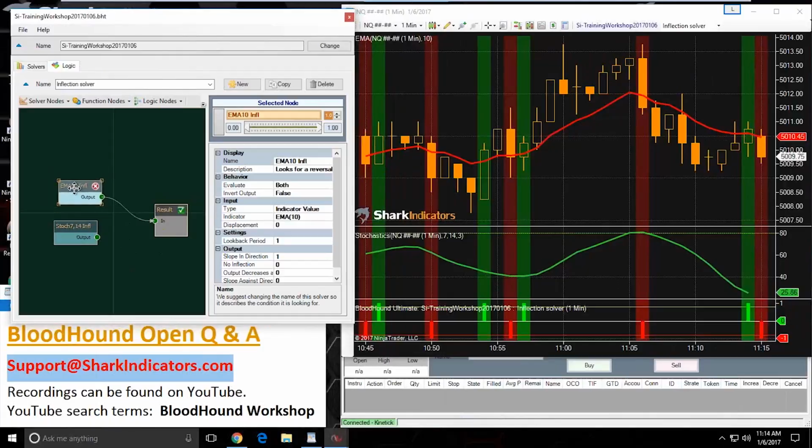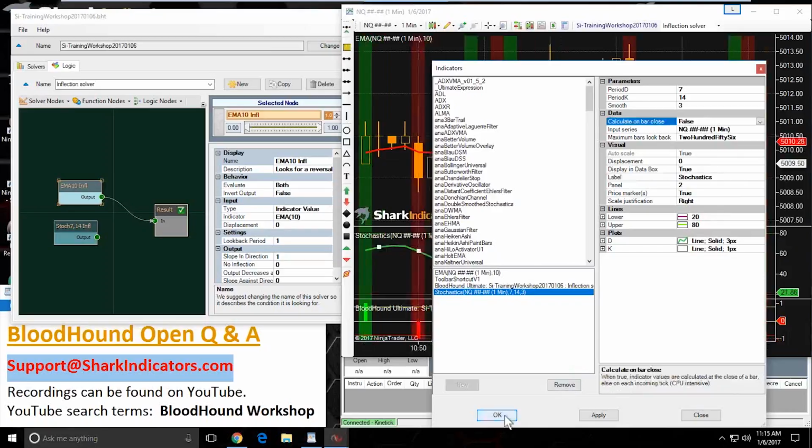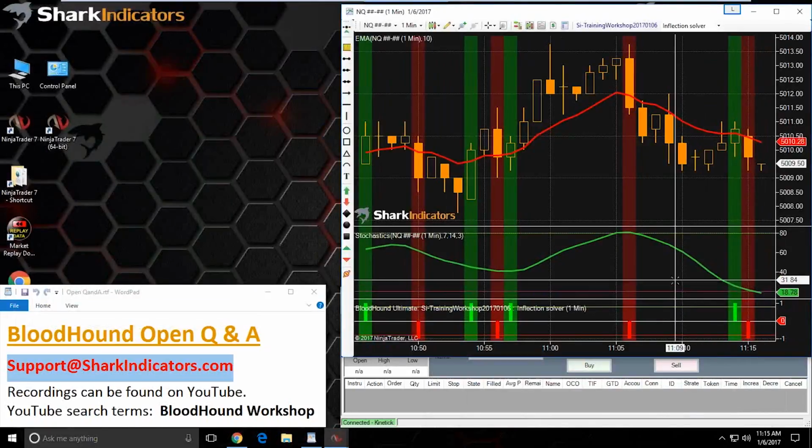And if for some crazy reason price moves back up, then that down inflection would disappear and we'd just be left with the green up inflection. So let's take a look at the stochastics there.